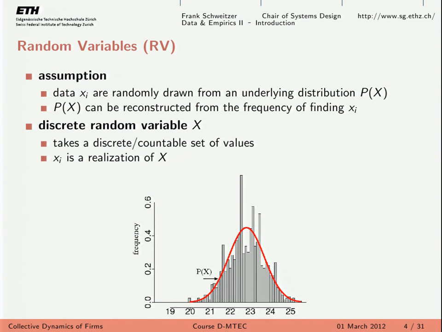We do not know this distribution yet, but we assume that 10,000 times someone makes a random draw from this distribution and gives us a number back, and these are the small numbers x_i. So what we have is a data stream of x1, x2, x3, and then we have x1, x2, x3 for the next year again. And our assumption is these are random draws from a particular distribution.